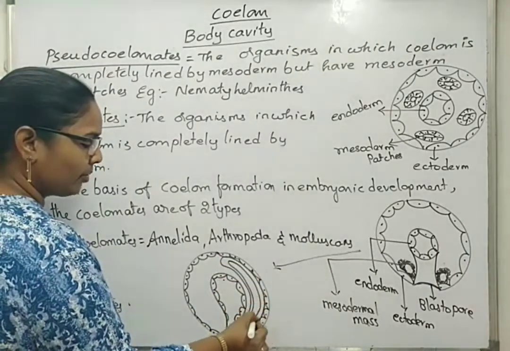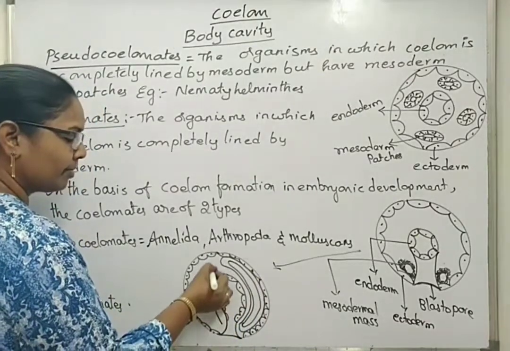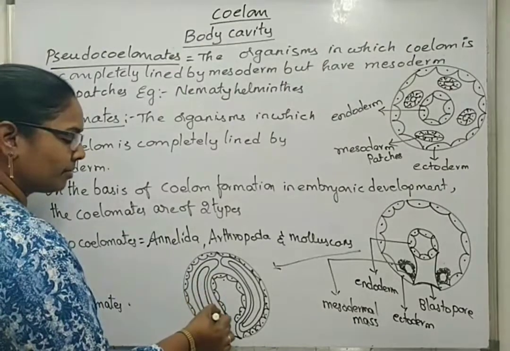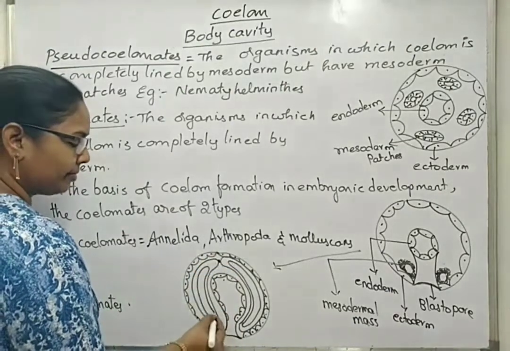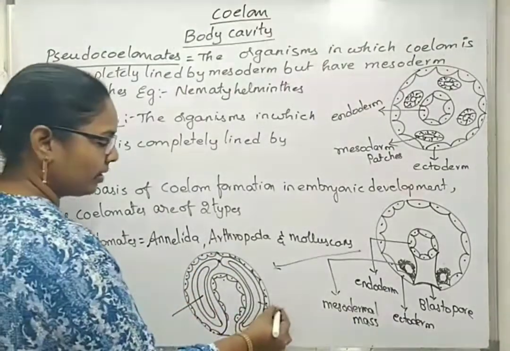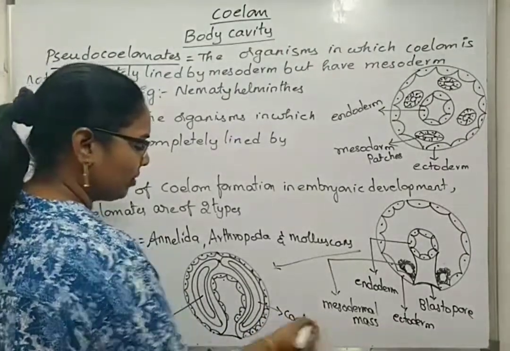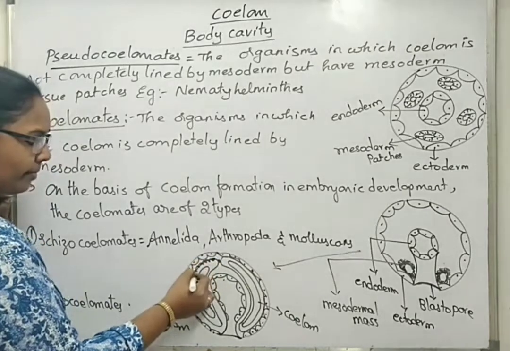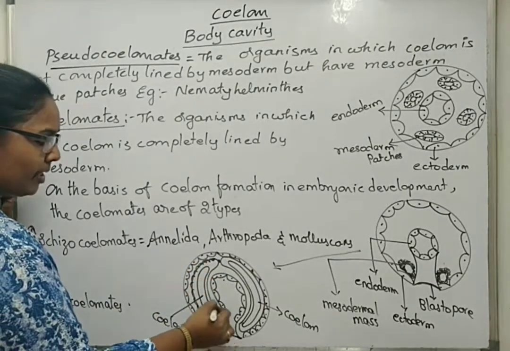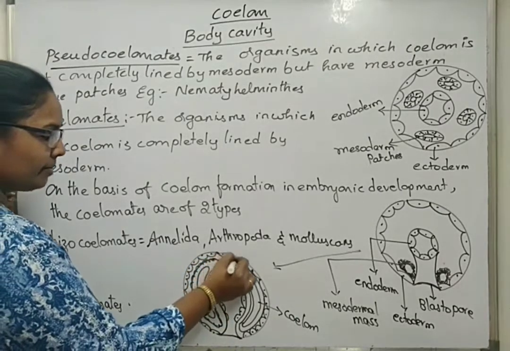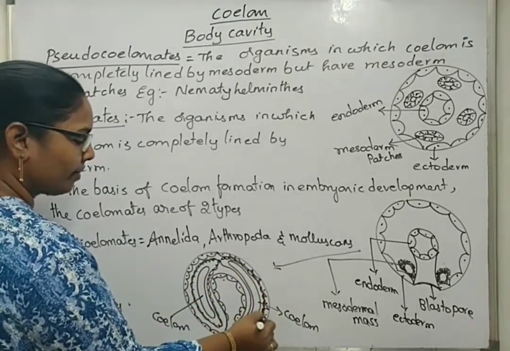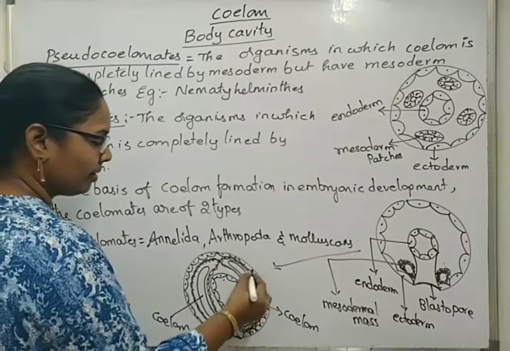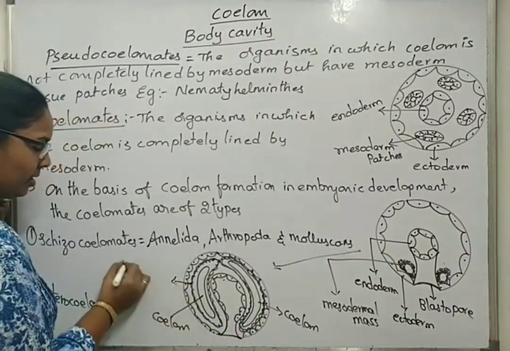This will be the coelom. So this one and this one are considered as coelom. Now this lining, this one is termed as mesodermal lining. So right here, this is mesoderm.